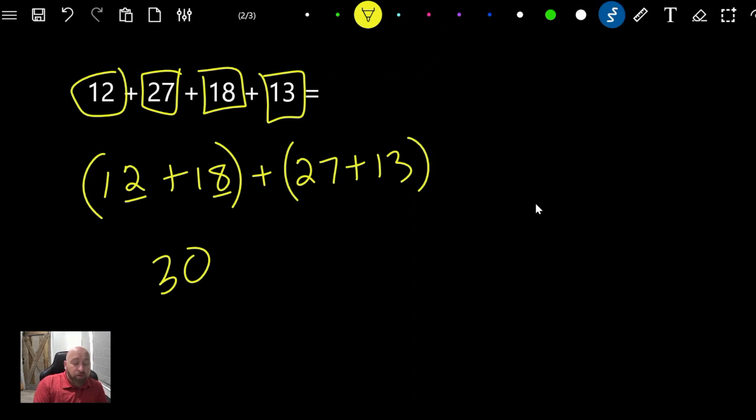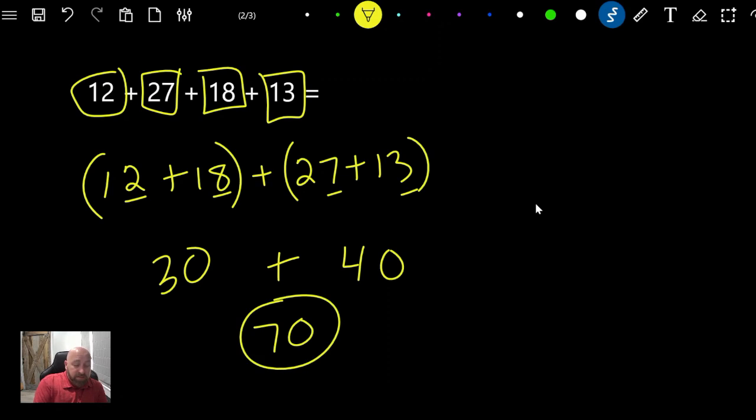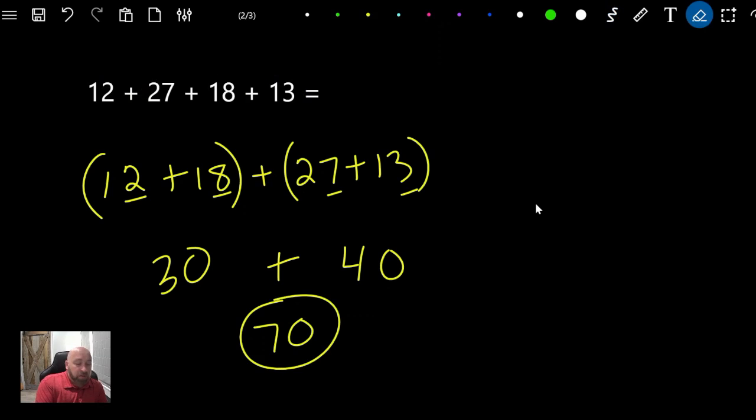And if we group those together, that gives us what? Well, 7 and 3 is a group of 10. So that gives us 10, carry the 1, that's going to give us 40. Now we can very easily add 30 plus 40. That gives us 70.